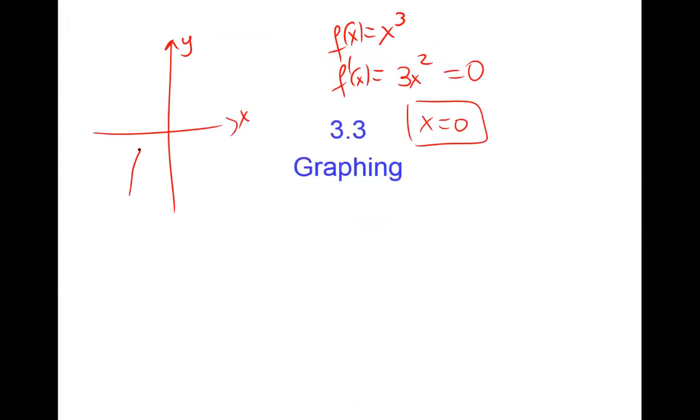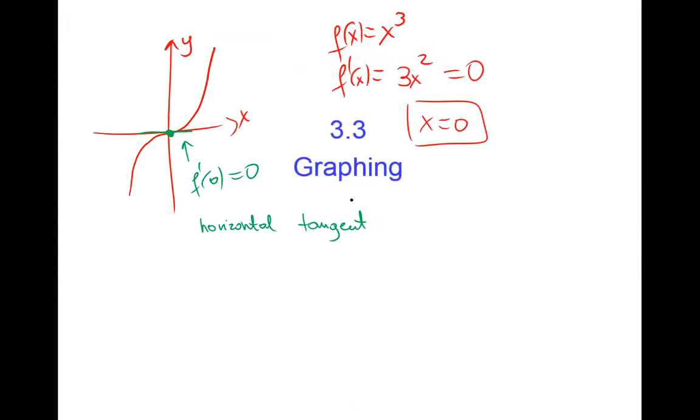And we know the graph: function x cubed at 0 is increasing, but exactly at 0 it's actually a horizontal tangent. Derivative at 0 is 0, slope is 0. Horizontal tangent.